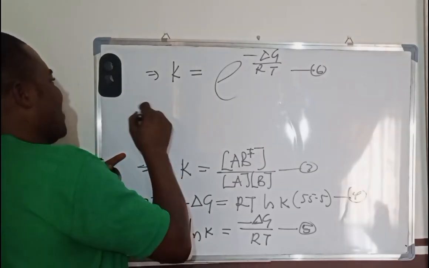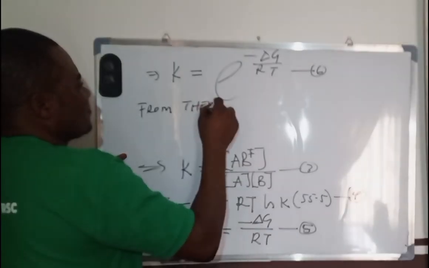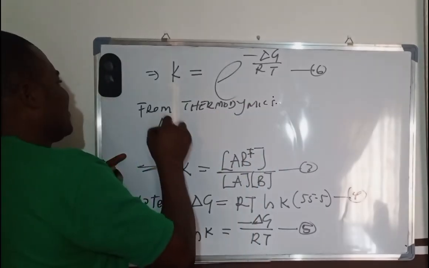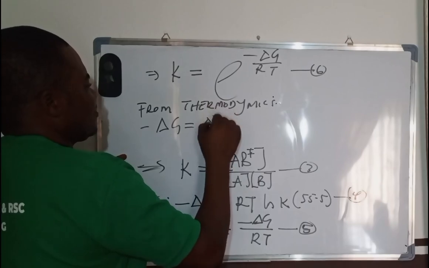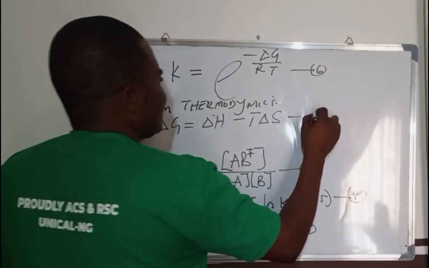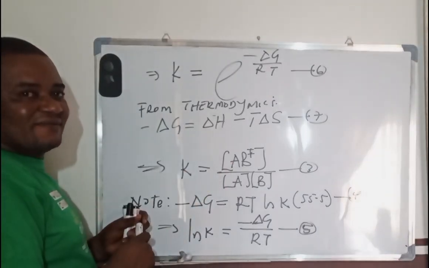Now, from thermodynamics, delta G is equal to delta H minus T delta S. Yes, from thermodynamics, this is what is defined.